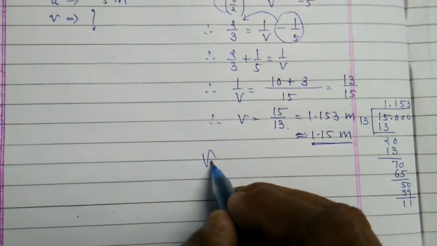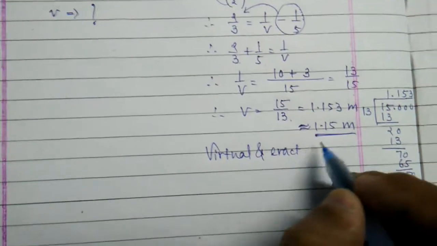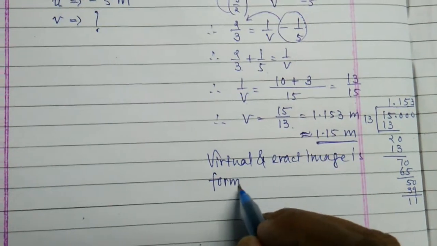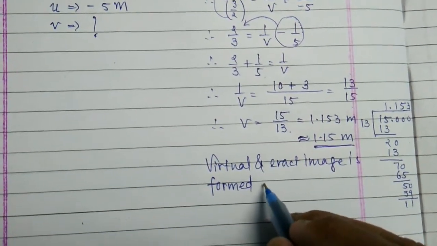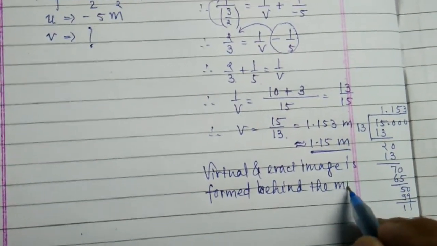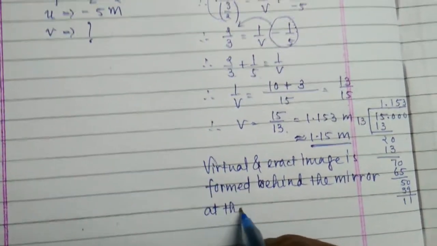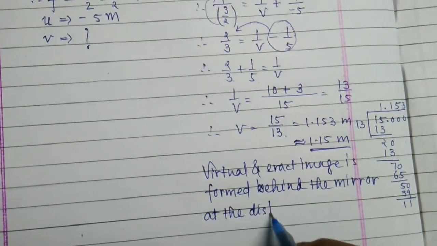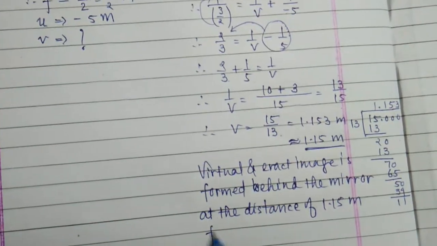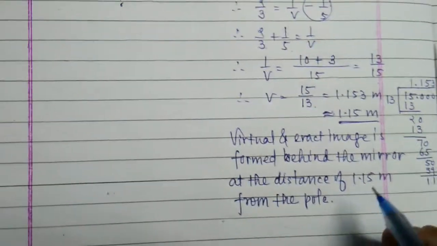So virtual, it is formed behind the mirror from the pole.